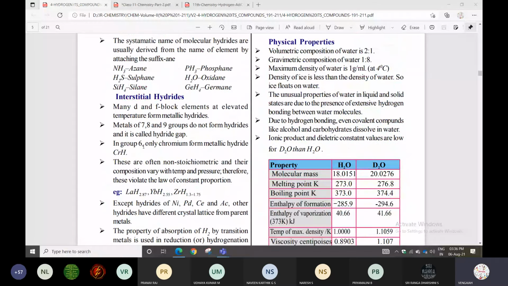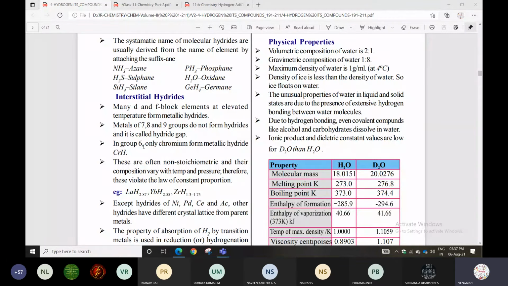One more name is interstitial hydrides. Many d and f block elements reacting with hydrogen form metallic hydrides. Metals of the 7th, 8th, 9th group do not form hydrides, and this is called the hydride gap. In the periodic table, the 7th, 8th, 9th group do not form hydrides, so this is called the hydride gap.